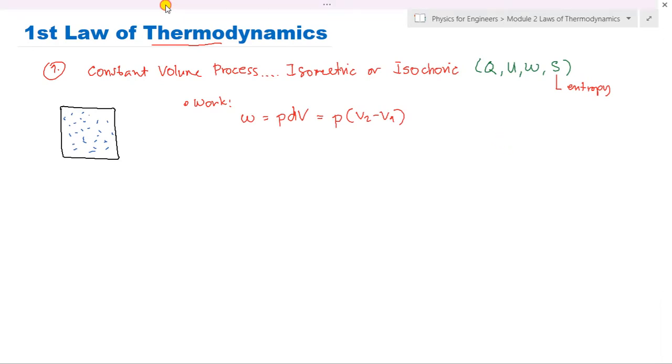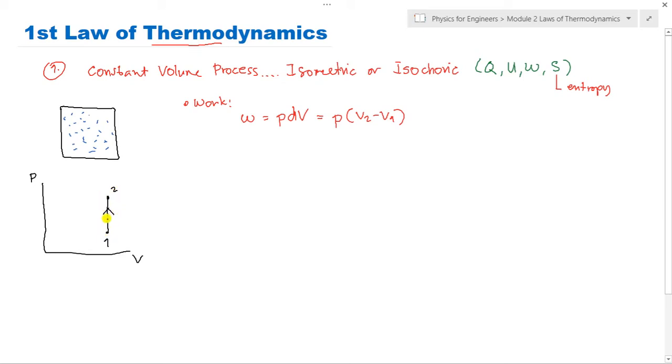Using PV, since the volume is constant, the graph is a straight line, since V is our abscissa, with point 1 and then point 2.